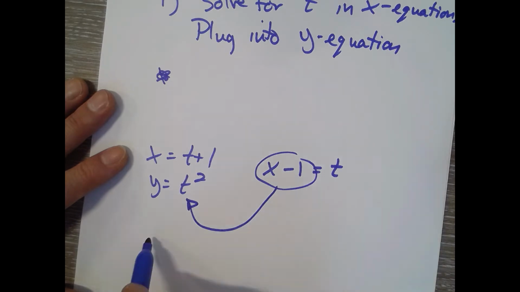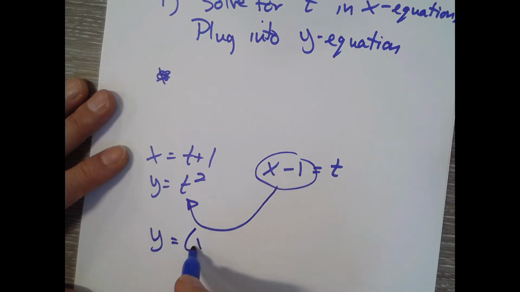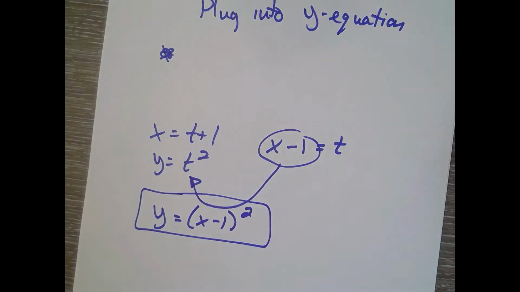And so we have y equals (x minus 1) squared. This right here is my rectangular equation for this set of parametrics. Do you see any t's in that equation? They are eliminated. Rectangular equations only have x's and y's. Parametrics have the t.